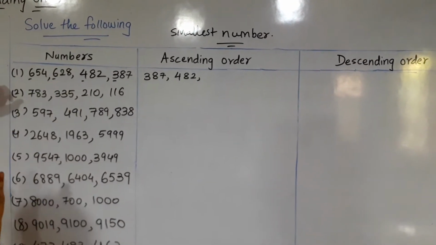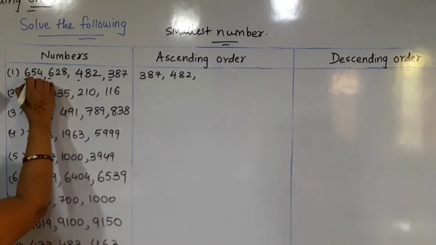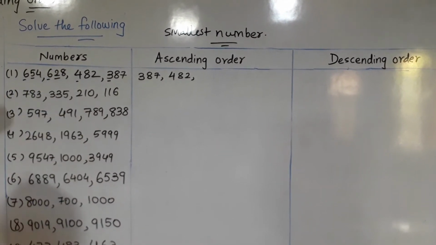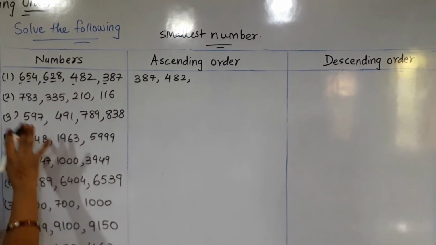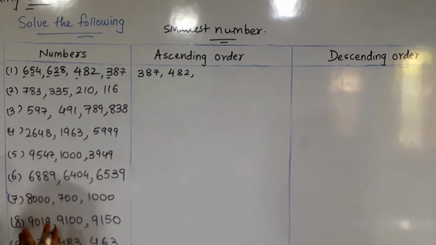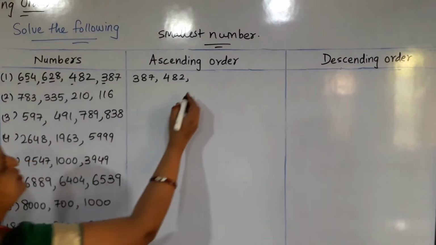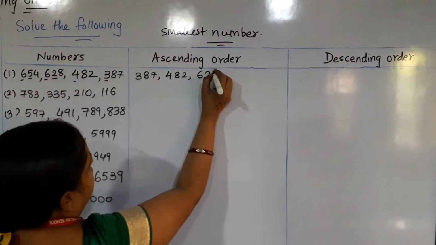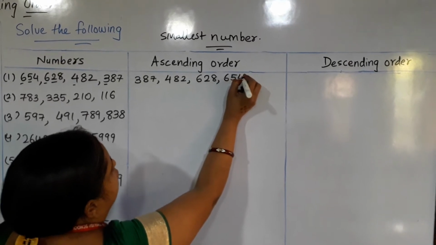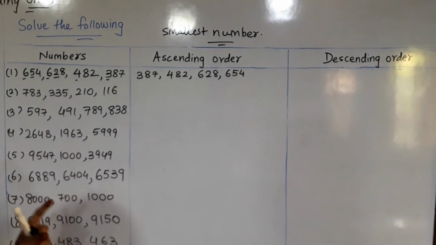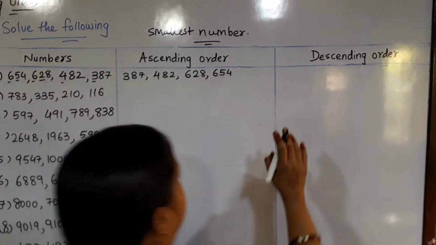Then we will move on to the next digit. See here, 5 and 2. Which is the smaller number? Yes, 2 is the smaller and 5 is the bigger number. So we will write this one first, 628 and 654.